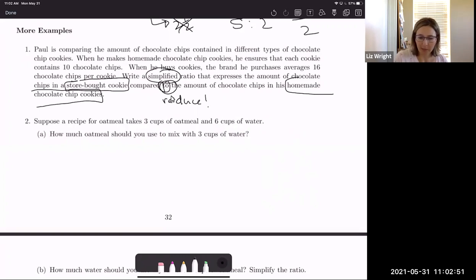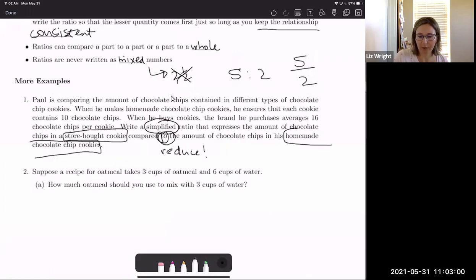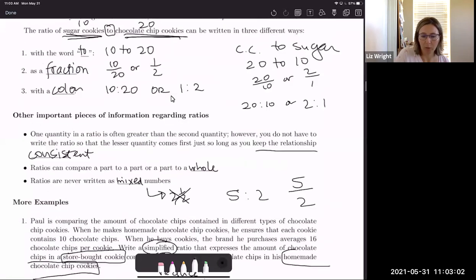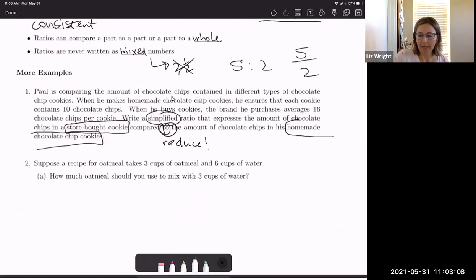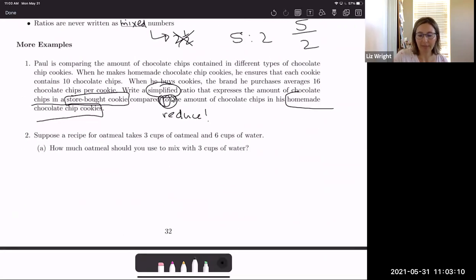And does it say how we are supposed to express it, a simplified ratio? It does not. So we get to choose how we'd like to write it. We can choose to write it with a word, with a fraction, with a colon, just as long as we simplify it, your choice. And again, you've got to pay attention to store-bought versus homemade. So store-bought, what was it, 16?